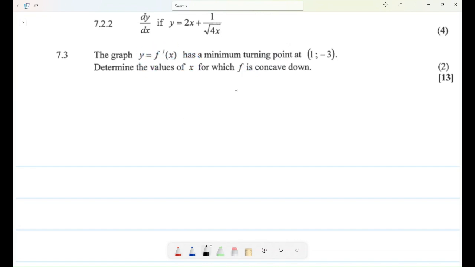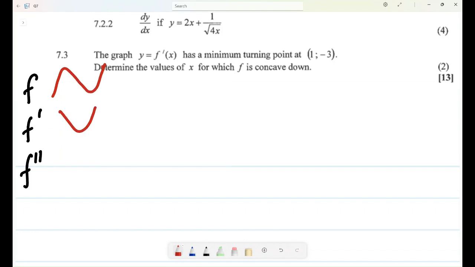So now they say this graph of the derivative has a minimum turning point. Remember, if I have f prime and f double prime, normally I have this as my function, then I have this as my second derivative, then I have this as my straight line.